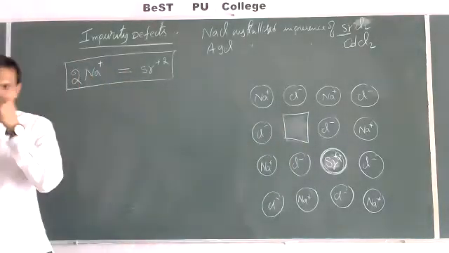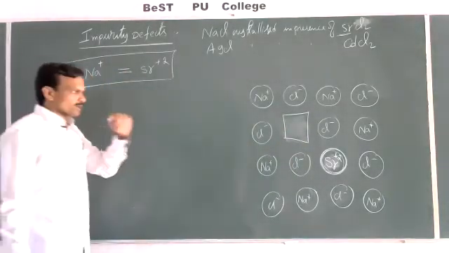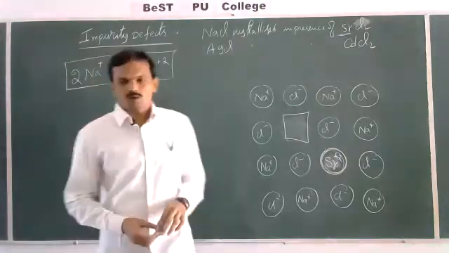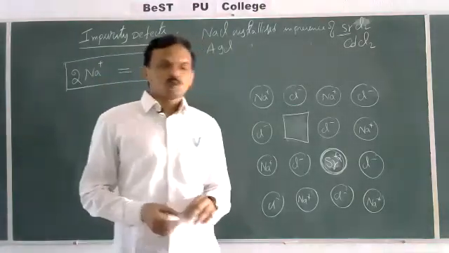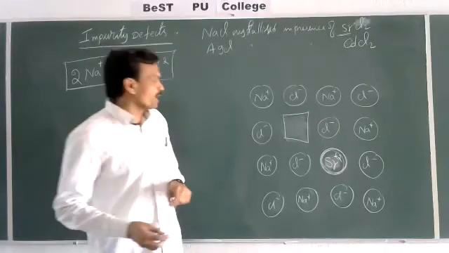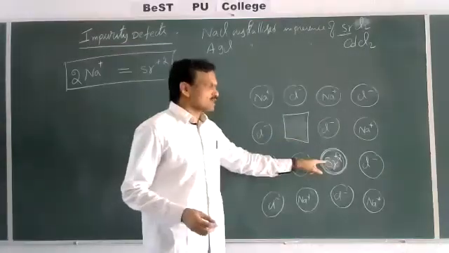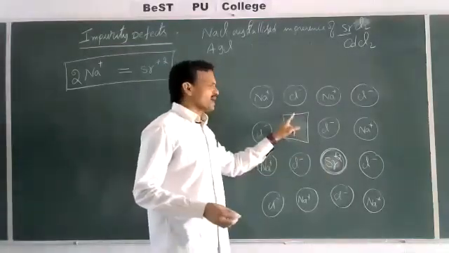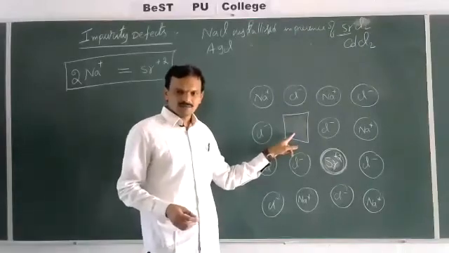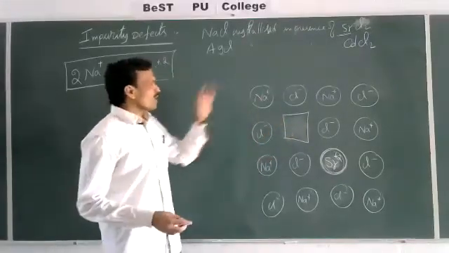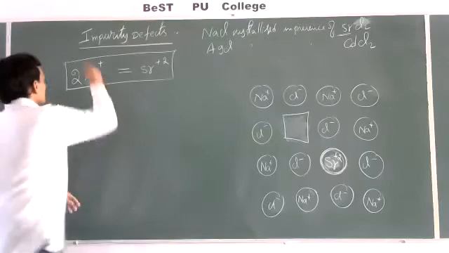Each strontium ion can replace two sodium ions from the lattice, but out of the two lattice sites, only one will be occupied by the strontium ion and one lattice site is vacant.